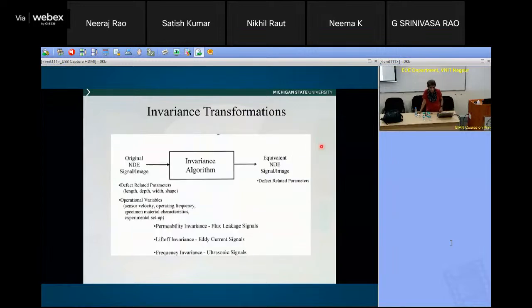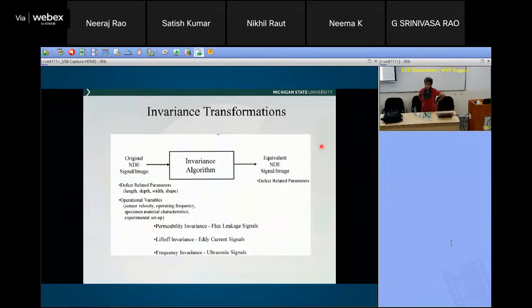Each of them has a separate technique. I'm trying to apply an invariance algorithm, but how am I going to take care of these invariances by applying only one particular method?